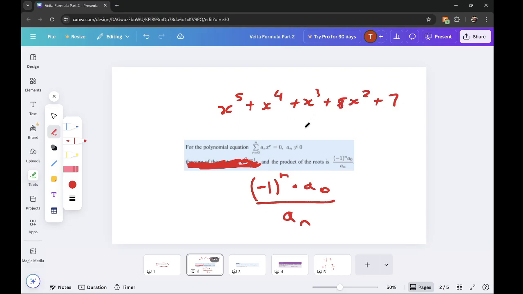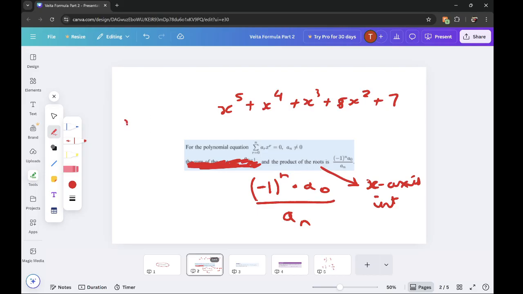This could be your polynomial equation, and you're asked to find the product of the roots. A root is an x-axis intercept, so an intercept with the x-axis of the graph of your polynomial is classified as a root.